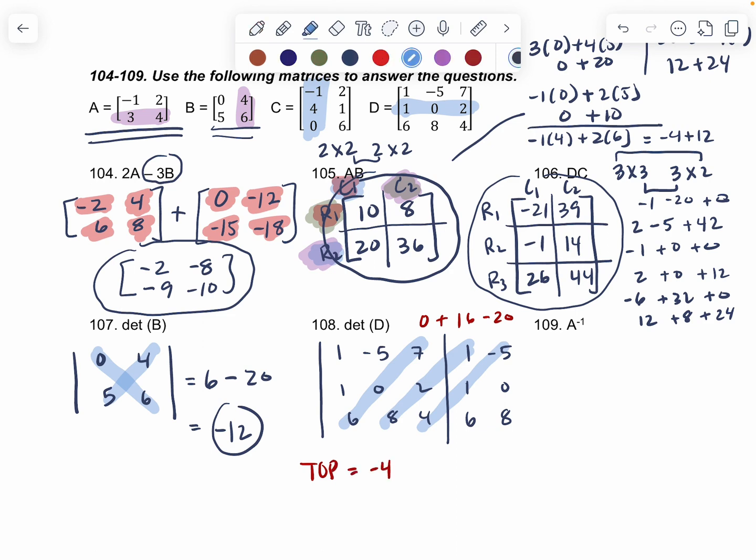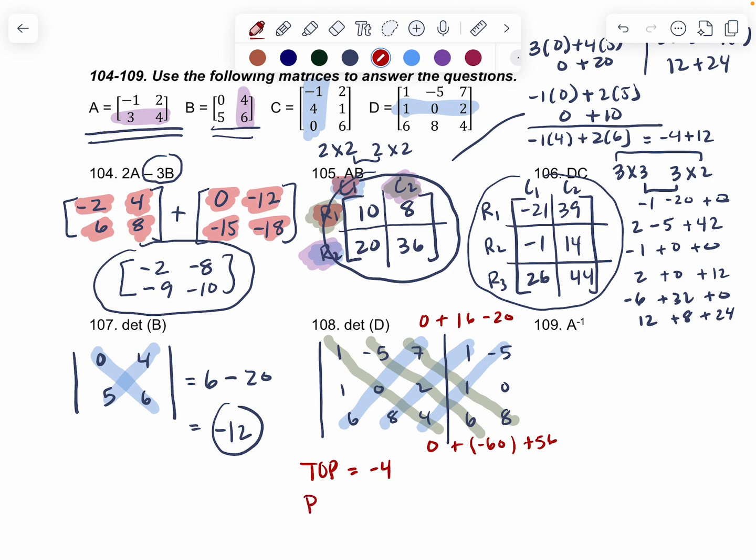Now I'm going to do the same thing multiplying going down. So 1 times 0 times 4 is just a big fat 0. Plus, multiplying down, negative 5 times 2, that's negative, times 6 is negative 60. And then one more, 7 times 1 times 8, that's going to be 56.